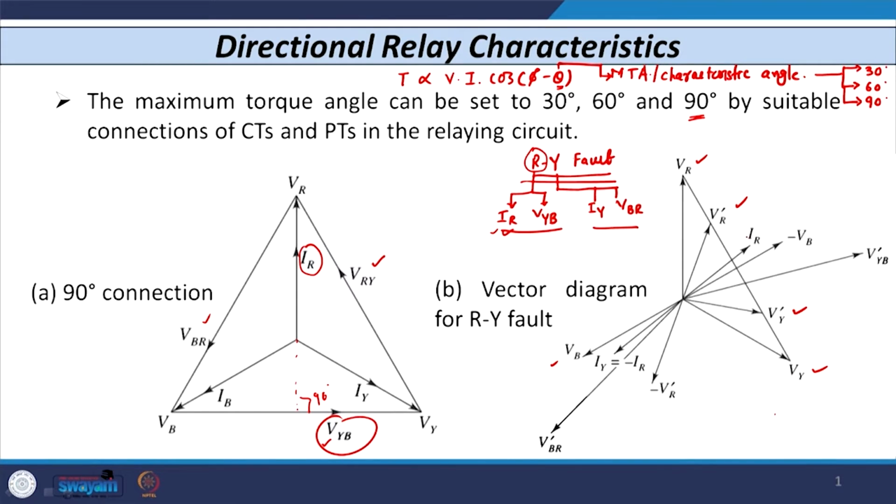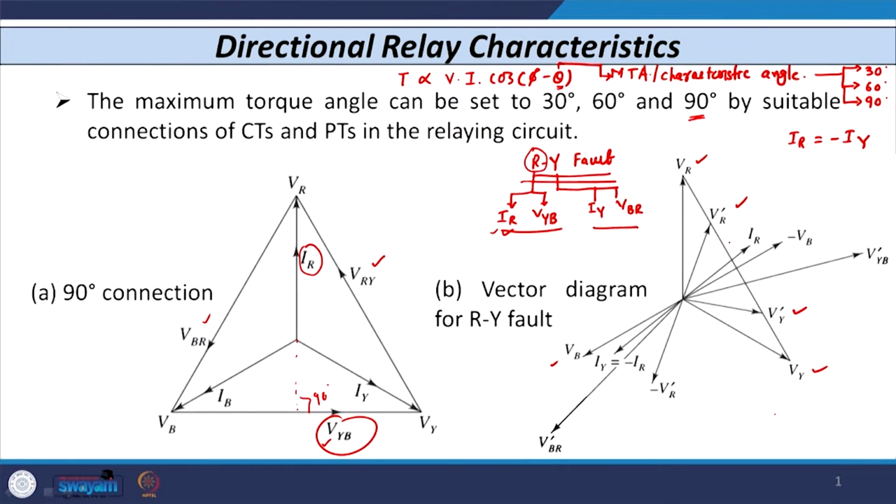The current IR, that is, now in case of RY fault we have the condition that IR is equal to minus IY and IB is equal to 0, as the magnitude of B phase current is very small compared to the other two faulted phases. So, we can neglect it.